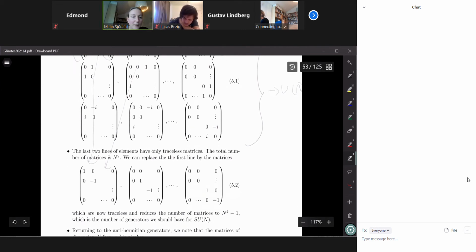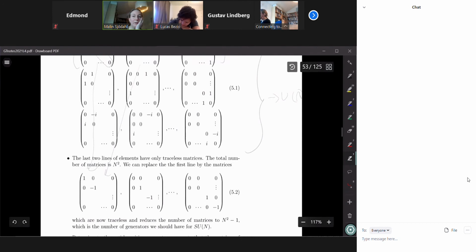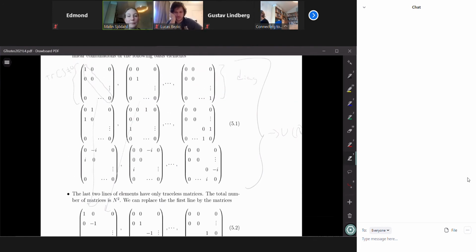Furthermore, we will have found a general parametrization of the generators of SU(N). So up here for U(N), we should have n squared matrices, and it's easy to see that we have that. We have n from the diagonal ones, and then we have n squared minus n from the off-diagonal ones, because although this element is correlated with that element, it is compensated by the degree of freedom that we obtain from the matrix with the minus i and the i there.